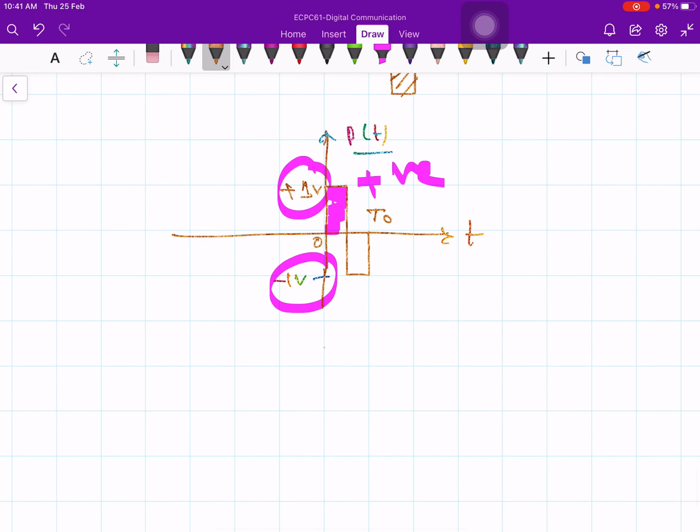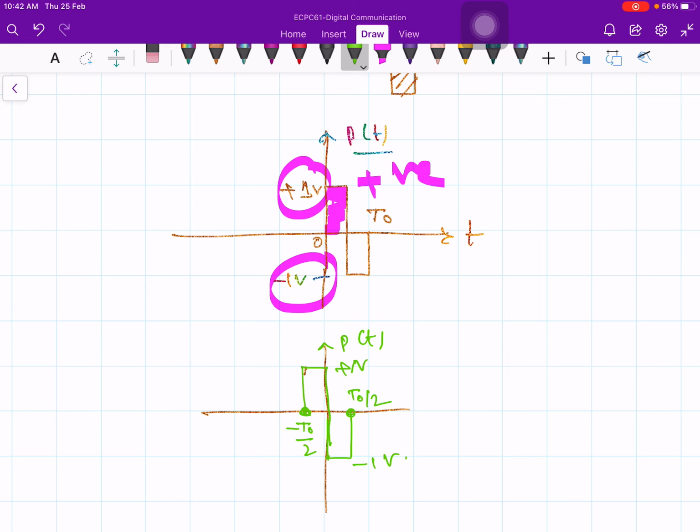If you want, you can construct a symmetrical pulse also like this. Like this you can construct, and this is minus T0 by 2 and this is plus T0 by 2. This is P of t, like this also you can construct. This is plus 1 volt and minus 1 volt.